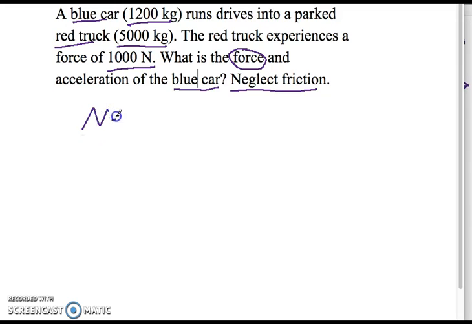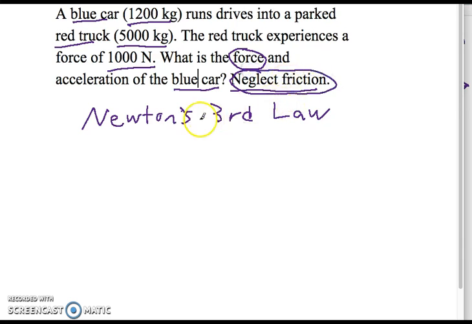Newton's third law basically says that if you have an interaction between two objects, those forces are going to be equal. Because there's no friction, there's nothing else we have to take into account. I'll draw it quickly. We have the force on the car and the force on the truck.